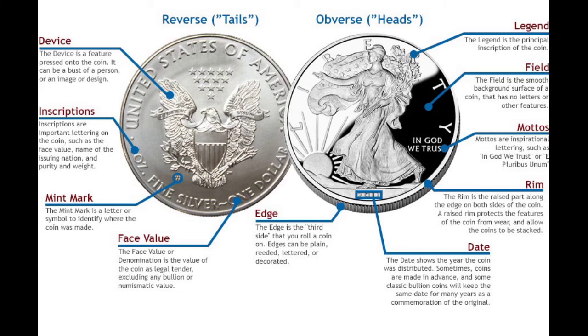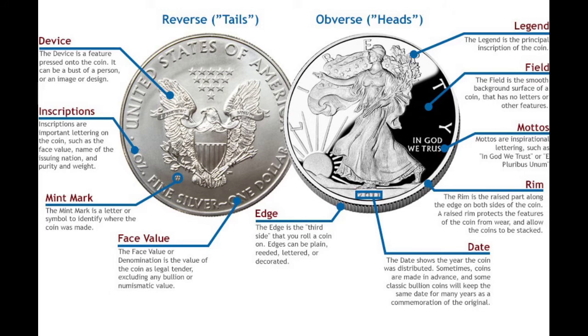Alright, this next one is a lot more in depth, so I have to switch over to my other picture because I can't see that. Okay, so they got legend, field, mottos, rim. They got the date.